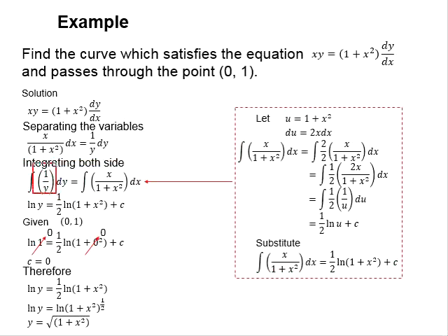This term can be integrated, but in order to integrate this, you need to do some substitutions. Substitute u as the function of y plus x squared. If you differentiate this u, you will get 2x dx. By looking at the function here, it only consists of a dx and x.